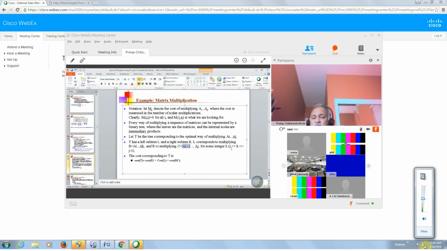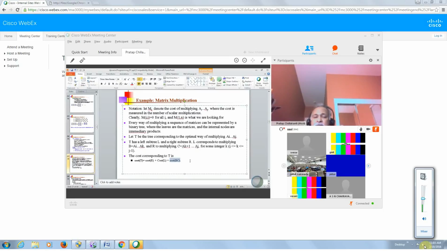So what is the cost here? The cost of the tree then would be the cost of the right subtree, the cost of the left subtree, and then multiplying both B and C after that is computed. So it will be the cost of B and C. Remember, B is the left subtree and C is the right subtree. Okay.